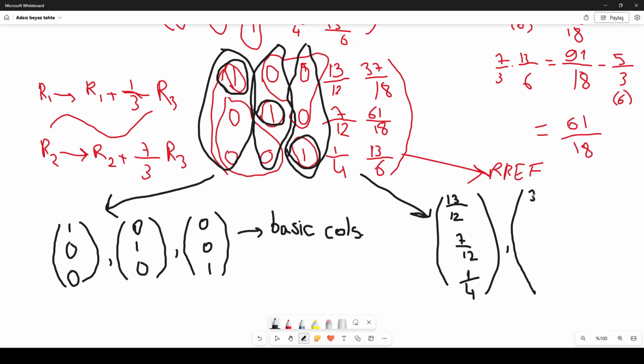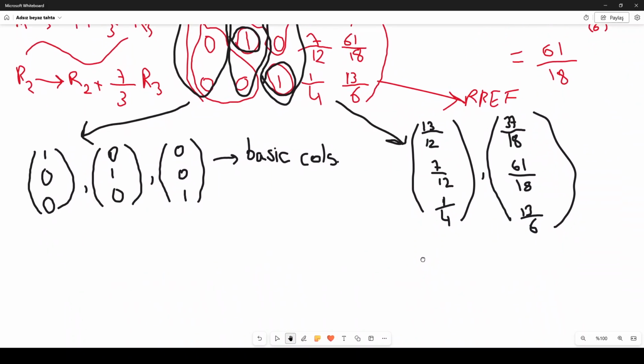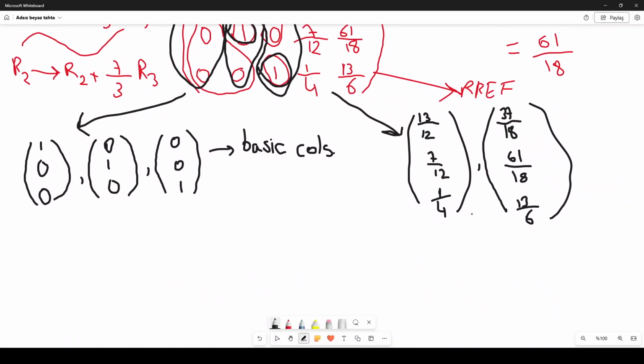So which is actually 37 over 18, 61 over 18, and 13 over 6, right? This is the fifth column, and these two columns are the non-basic ones. Okay, and these are the non-basic columns. And why is that? Because they don't include the pivot elements or the pivotal positions. So these are the non-basic columns.